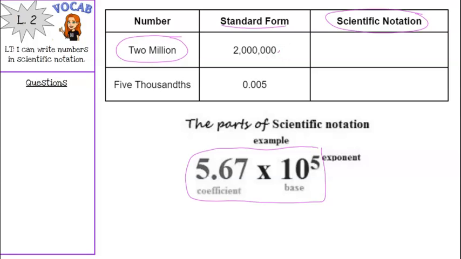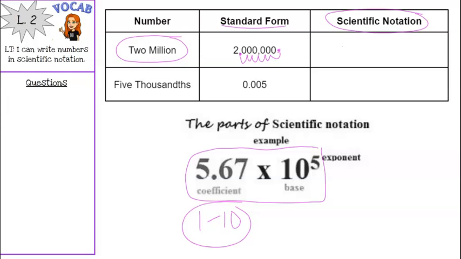And our goal is to move that decimal point until we make a number that's between 1 and 10. So our coefficient has to be between 1 and 10. So I'm going to move this decimal point until I make the number 2, because 2 is between 1 and 10. So if I put the decimal point right after 2, that's the number 2.